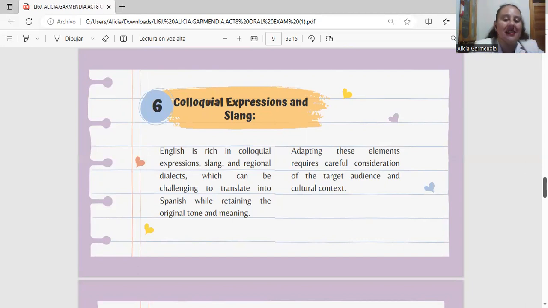English is rich in colloquial expressions, slang, and regional dialects, which can be challenging to translate into Spanish and vice versa, while retaining the original tone and meaning. Adapting these elements requires careful consideration of the target audience and cultural context. If we translate from Spanish to English, it's going to be the same kind of difficulty as with an expression from English to Spanish.